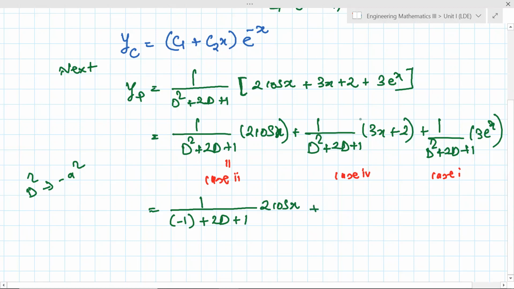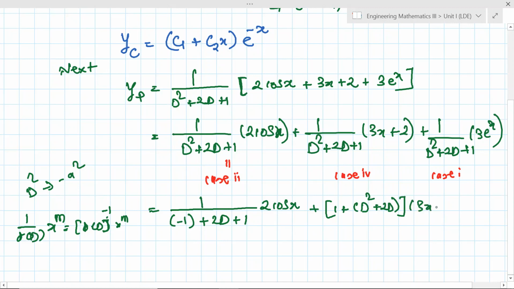Then plus, what do we need to do here? See, 3x is the case of x raised to m. 1 upon phi of D into x raised to m: phi of D goes into the numerator, its power becoming raised to minus 1, into x raised to m. So take this into the numerator: 1 plus D square plus 2D, into 3x plus 2. Hope you have got this.